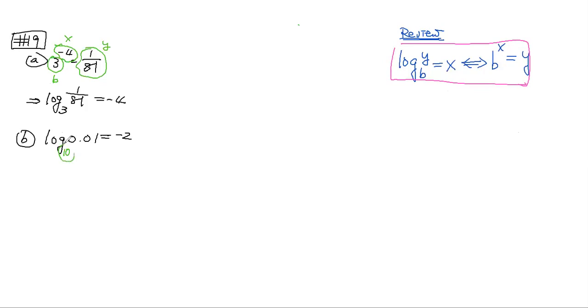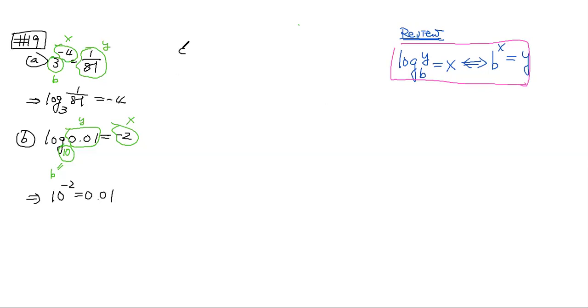So we'll call this the b. Now let's do the same thing: this is y, and this is x. Use the formula b to the x, so 10 to the -2 is equal to y, 0.01. It's pretty easy and straightforward.